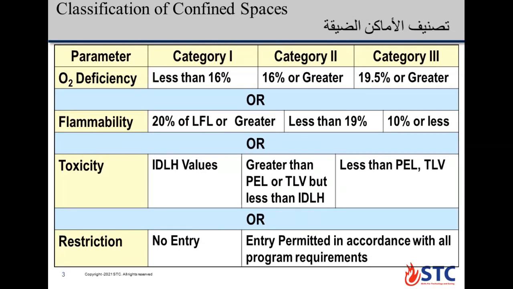I will show what the volume or ratio for H2S and CO is for work. In Category 1, no entry because of the high level of hazard. Stop work. No entry and stop work, you may control the hazard.